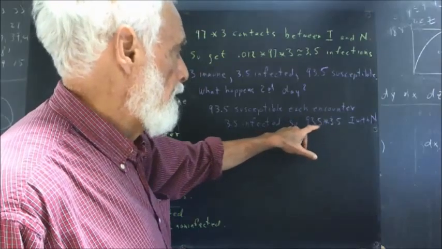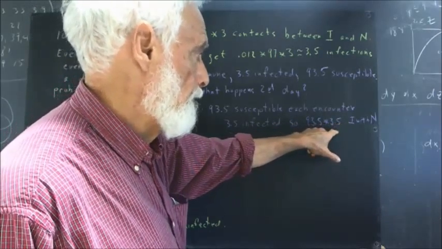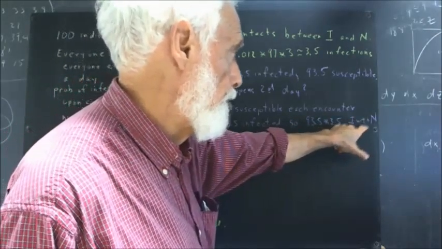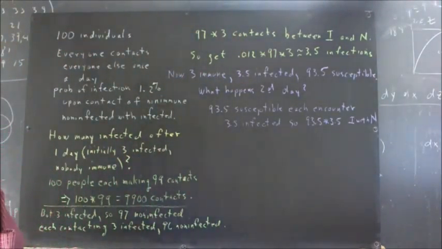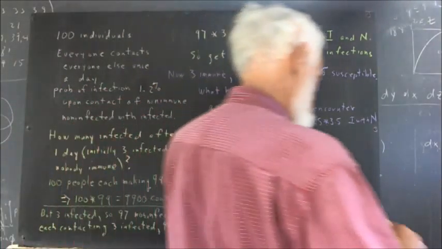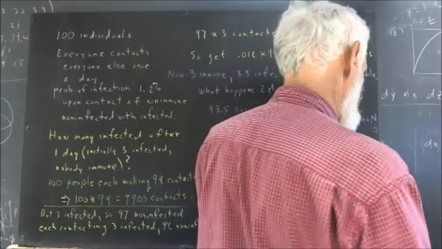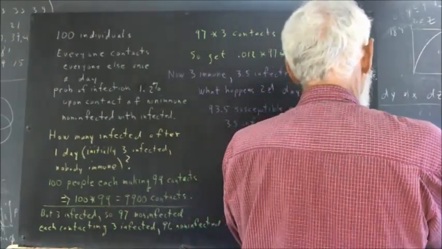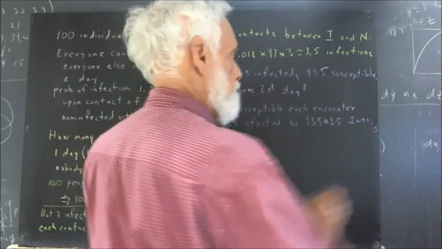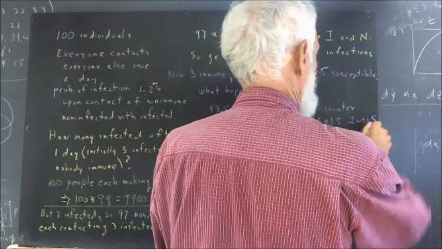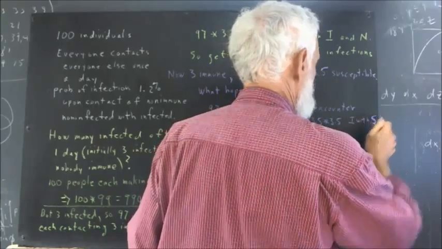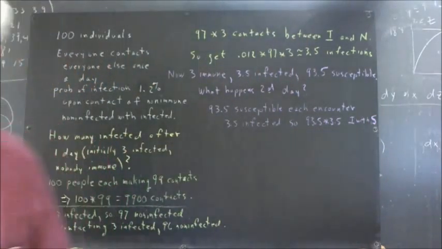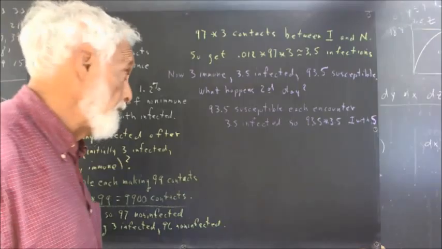So we have 93.5 times 3.5 encounters of infected with, I used N for non-infected, but I probably would have been better off to use S for susceptible. So let me change that. So of infected people with susceptible people, that looks a lot like a 5, but I'm not sure there's much I can do about that. Hopefully you understand what that means.